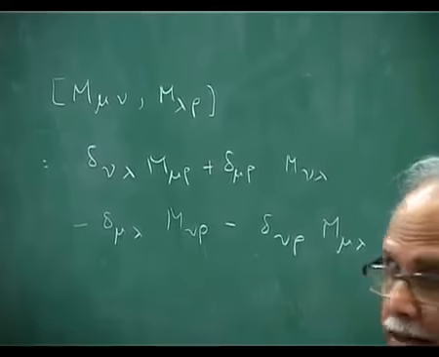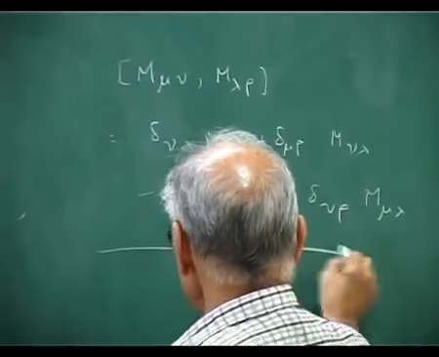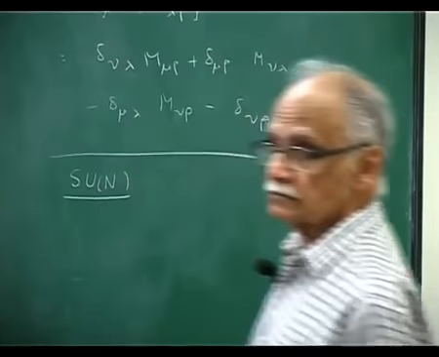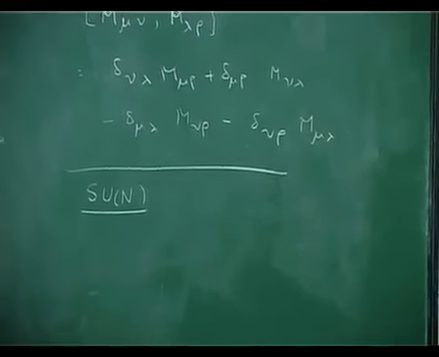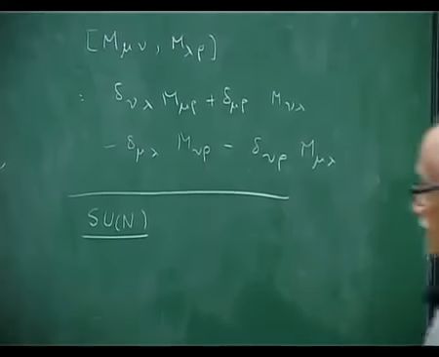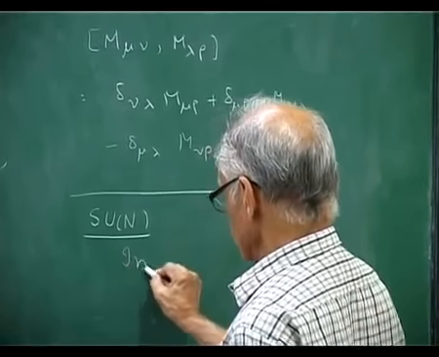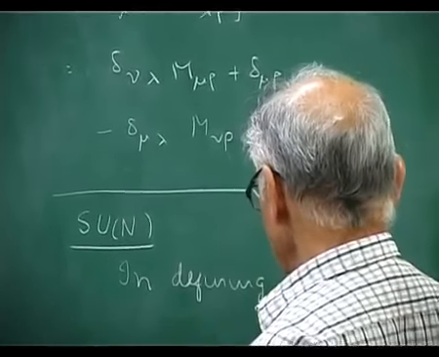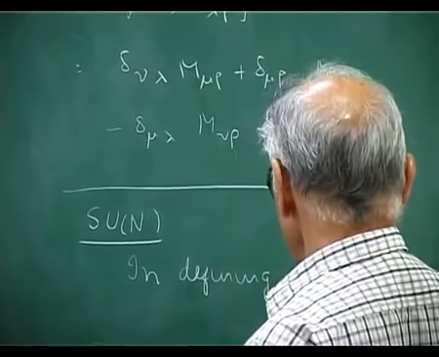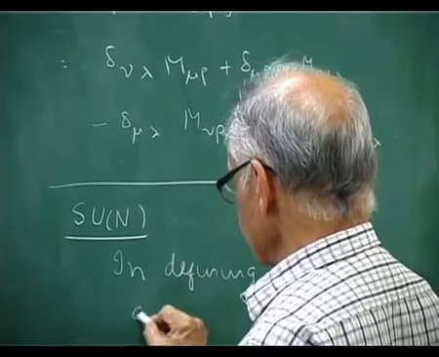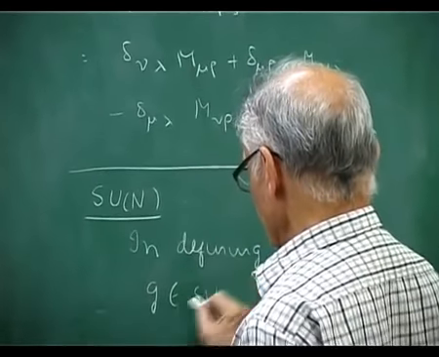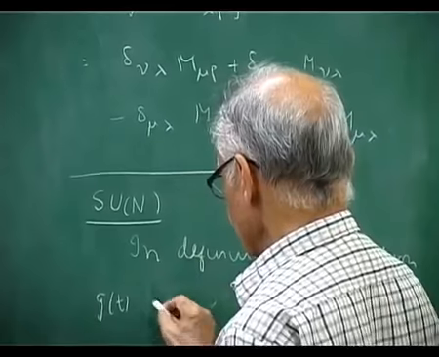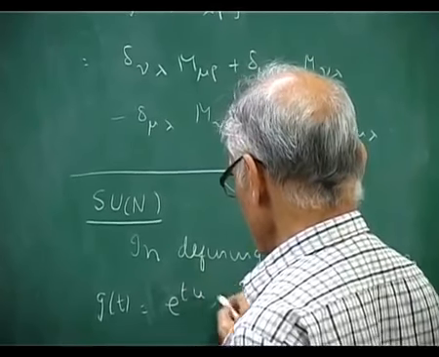Now, I want to spend today on SU(N), because of its particular importance. So, in the defining representation, what do I write? G is in SU(N), so G of t I shall write as exponential of t u, with u in su(N).